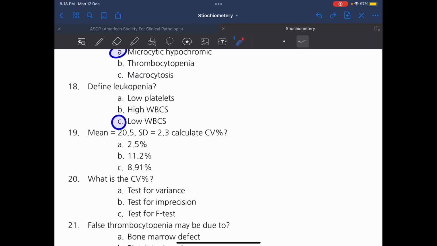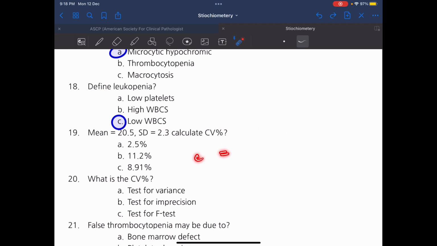Question number 19. The mean equals 20.5 and the standard deviation equals 2.3. Calculate the coefficient of variation, CV percent. The CV percent equation equals the standard deviation divided by the mean and multiplied by 100.